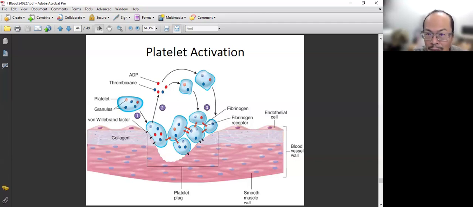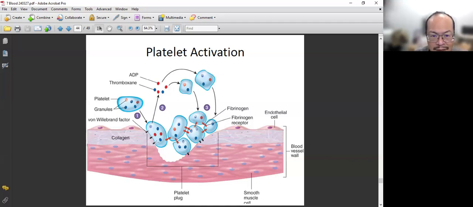Don't need to worry about that. We are not going to talk in too much detail about this. This is just a mediator. There are many cell adhesion molecules that get involved, but don't need to worry about that. You just need to know that the vessel will expose their collagen, and that will lead to the platelets getting activated.